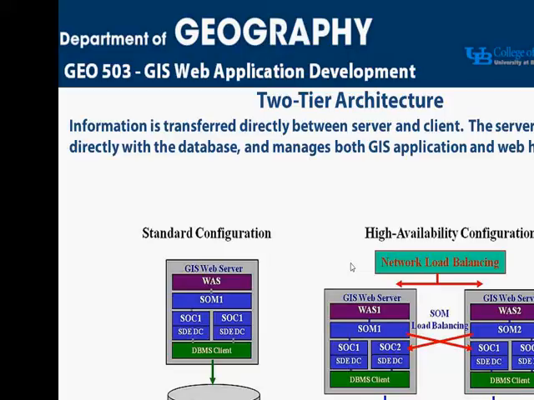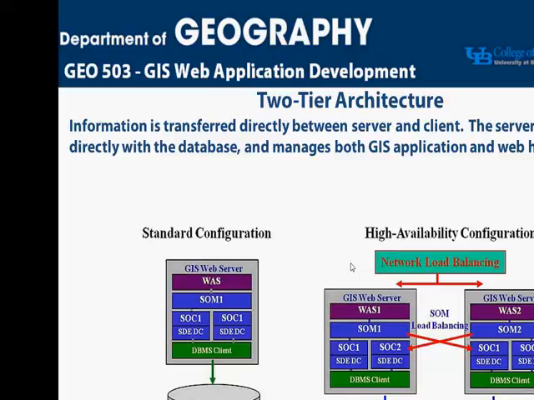There may be some complications to that, especially for sites like Google or CNN, where conceivably millions of people could ask for data at the same time. This is getting beyond my expertise, I can just introduce it. It's a whole other career. Sites with very high demand have what's called a high availability configuration, where there's network load balancing. So they actually have two servers here, or for Google, maybe 2,000 servers, all with the same thing on it.